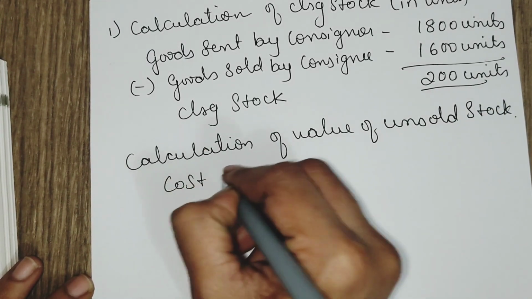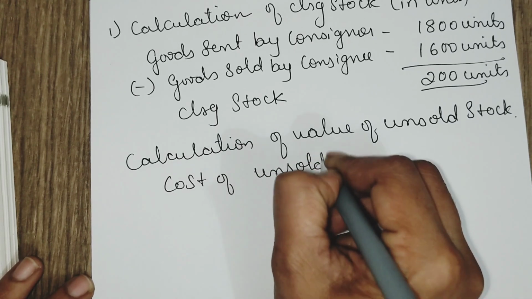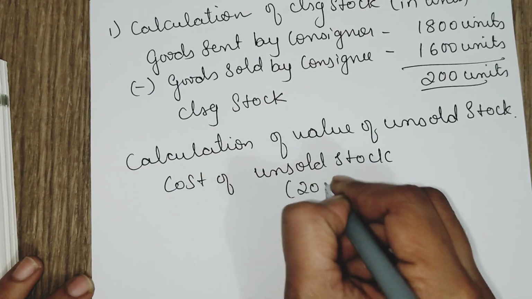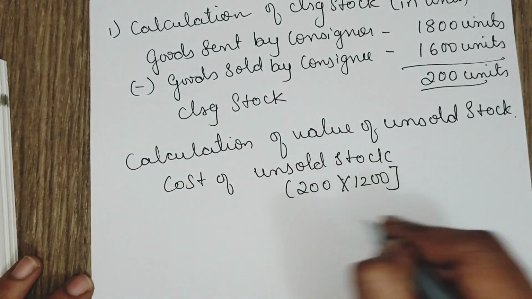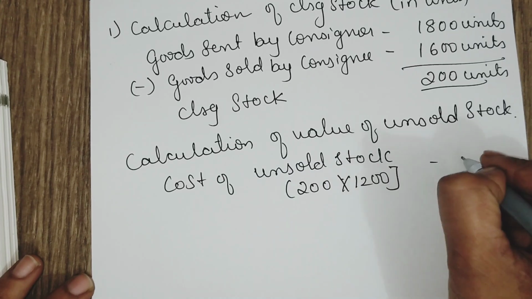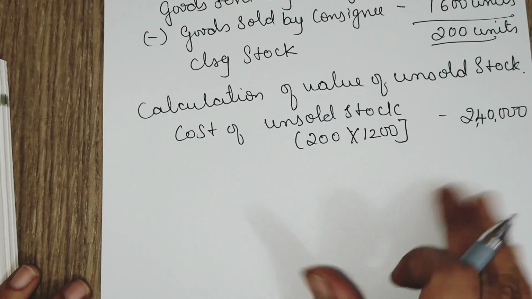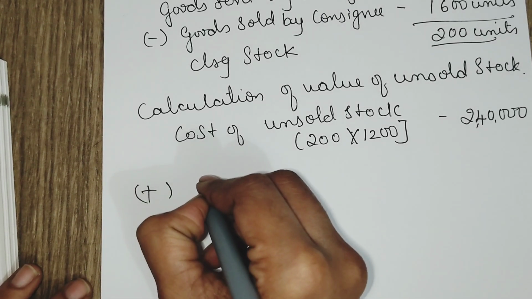Cost of unsold stock: 200 units is remaining, and per unit it is 1200. 12 twos are 24, so it is 2,40,000. Now you need to add the expenses.